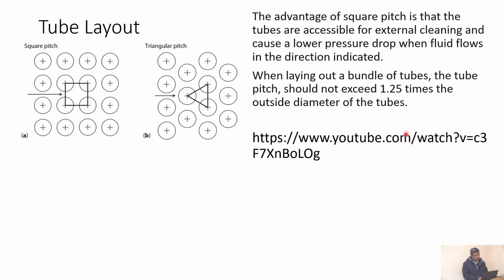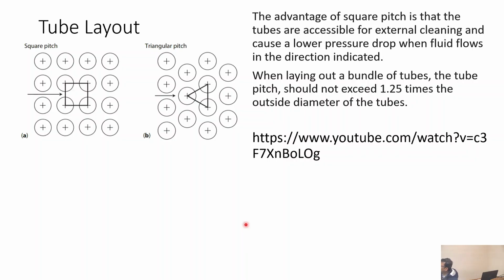And there's some rule that the tube pitch should not exceed 1.25 times the outside diameter of the tubes. So what is pitch? Pitch will be between this and this, correct? Or between this and this in the triangular arrangement. So the tube arrangement will generate different values of heat transfer. Because if the flow changes, the heat transfer coefficient will also change.